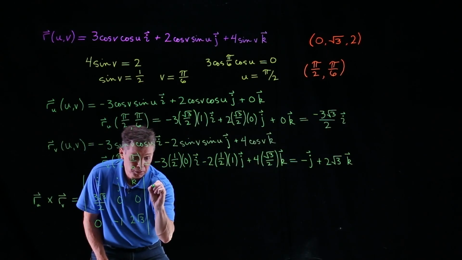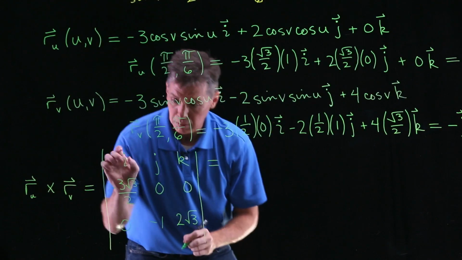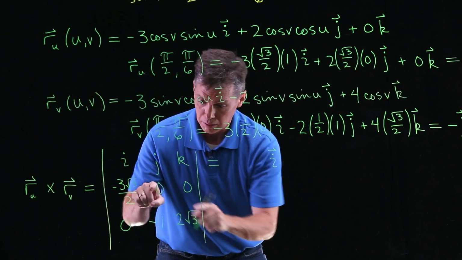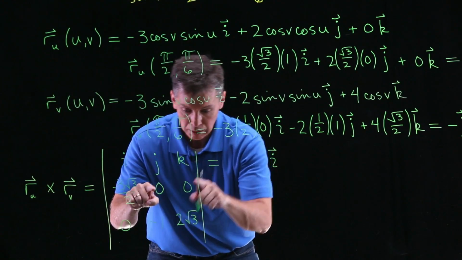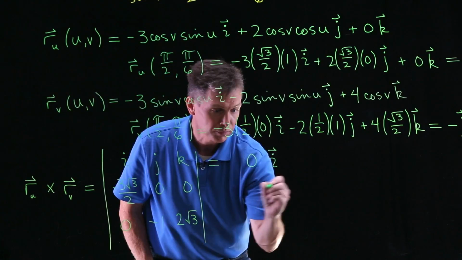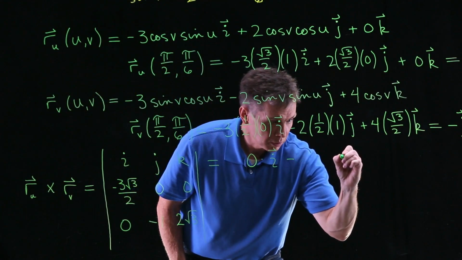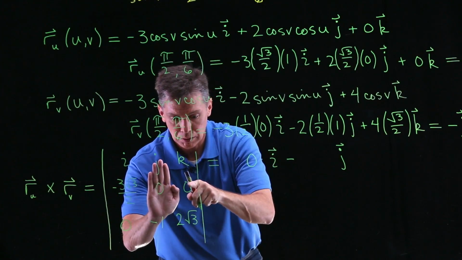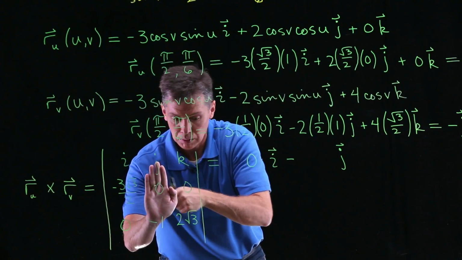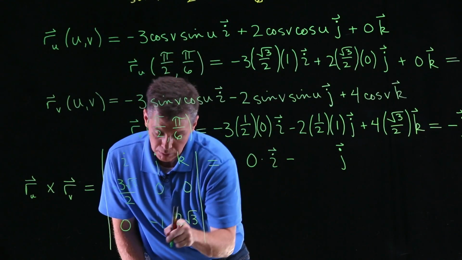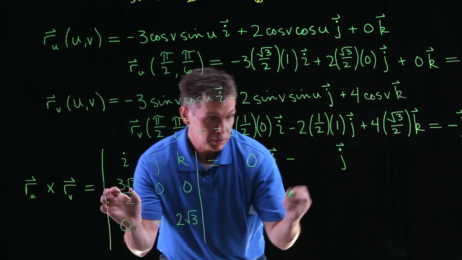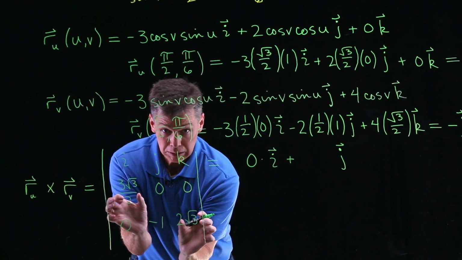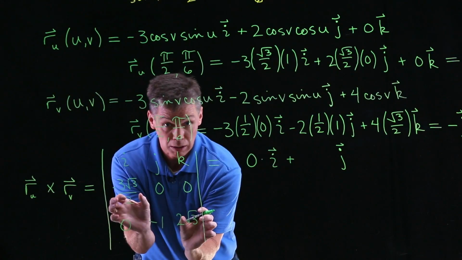Okay, so this equals, and I would grab my i component and do a crisscross here, and that's actually 0 minus 0, so that's 0, that's good. Minus, when I go to get my j vector, now my crisscross goes here, 0 times 0, minus this times this. And since there's already a minus there, that's actually going to become plus. When I multiply these two guys, you can see the 2's are crossing out.